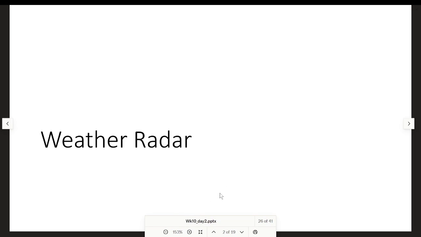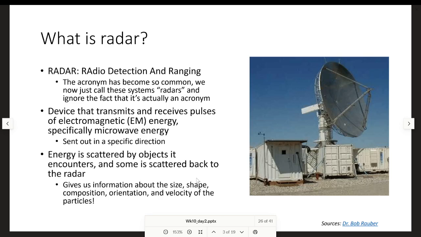Now we're going to talk about weather radar. Radar means radio detection and ranging. It's become so common, we just call them radars, and it's not an acronym anymore, it's just a word.